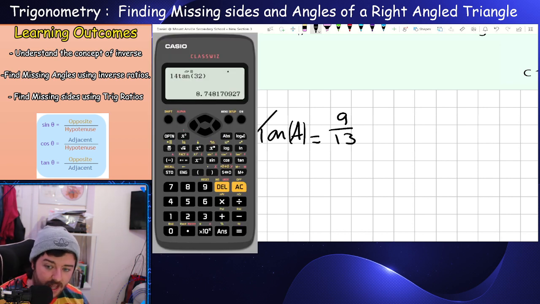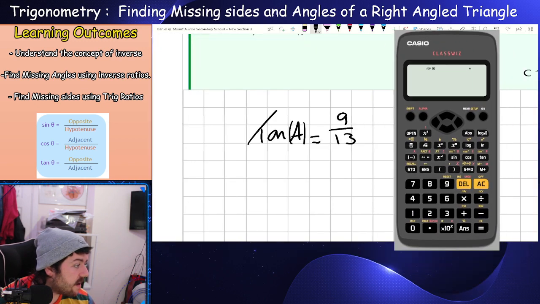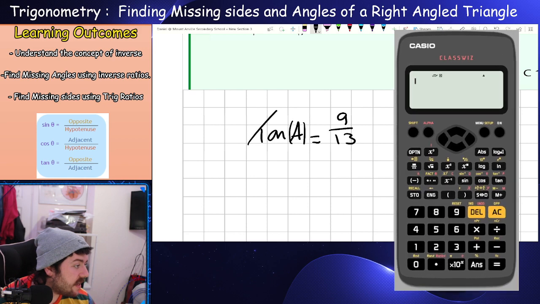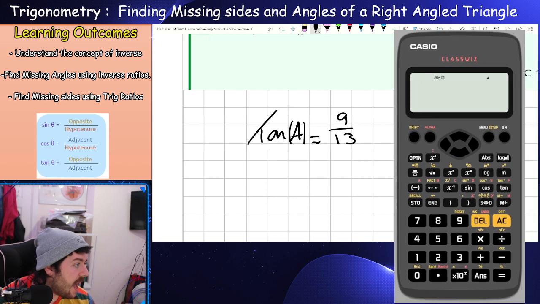So if I clear my calculator here, let me just drag my calculator over here. So if you see my calculator here, above my sine, cosine, and tan buttons, you see these little yellow symbols: sine to the power of -1, cos to the power of -1, tan to the power of -1.